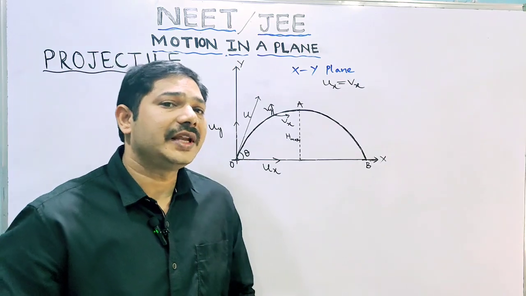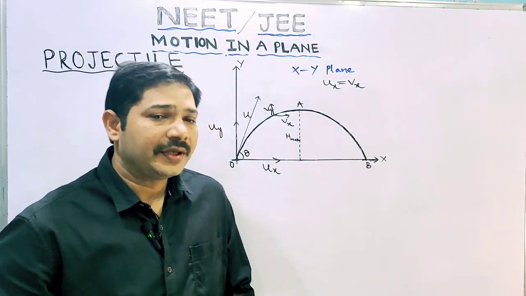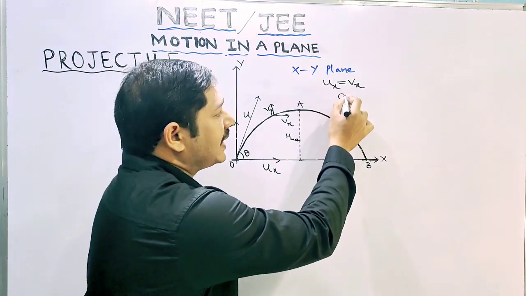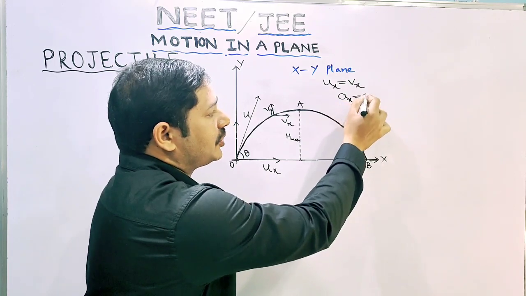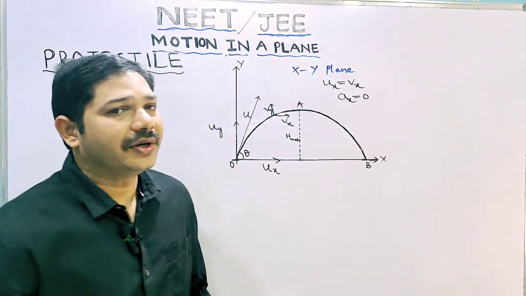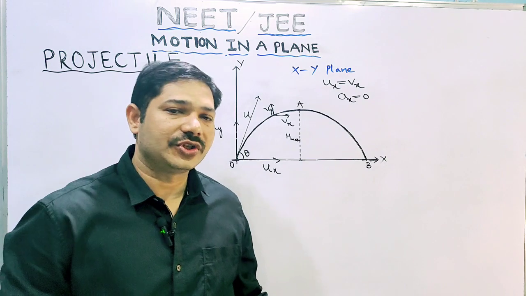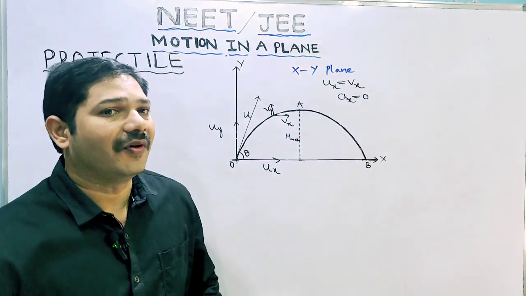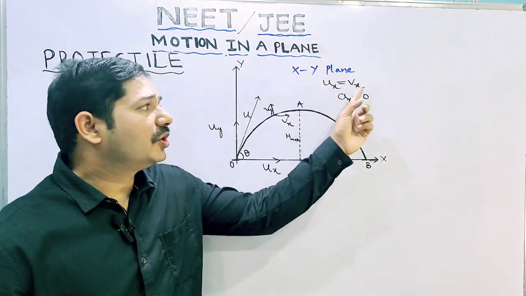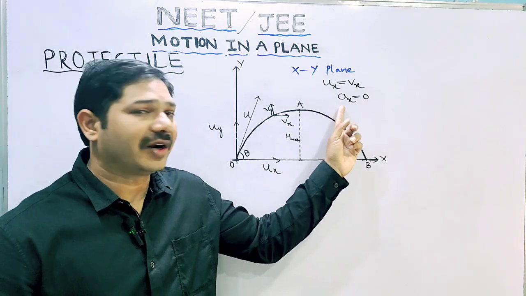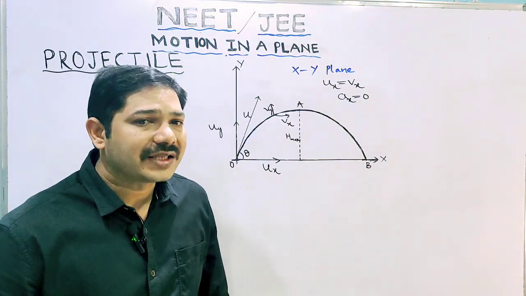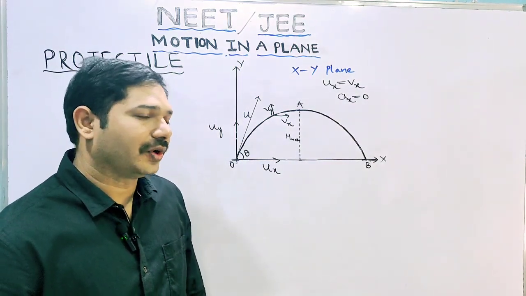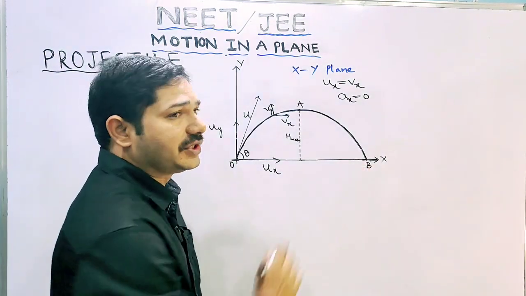So there is no change in velocity, and that is why acceleration along horizontal motion is 0. Here x means horizontal motion and y means vertical motion. So horizontal acceleration is 0.